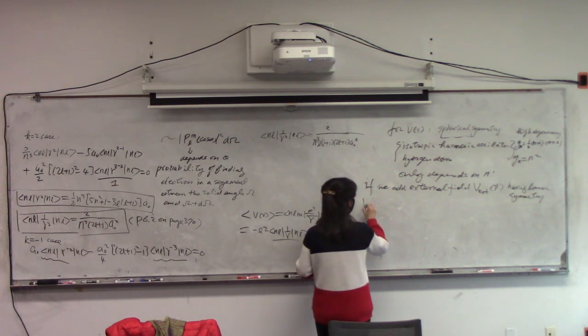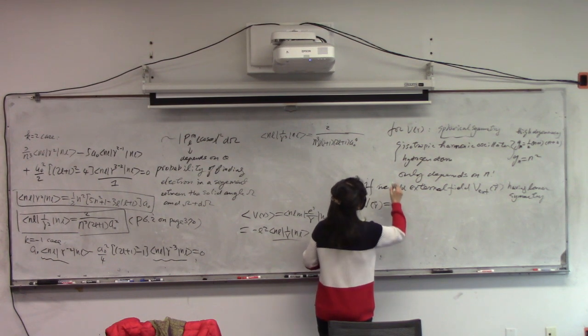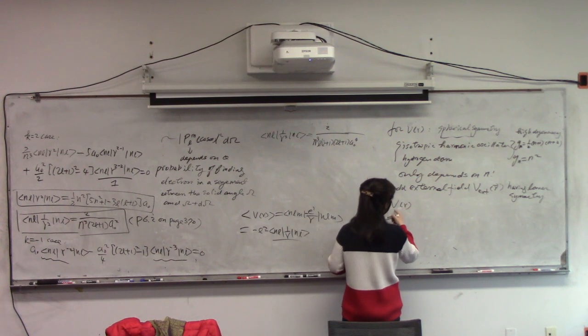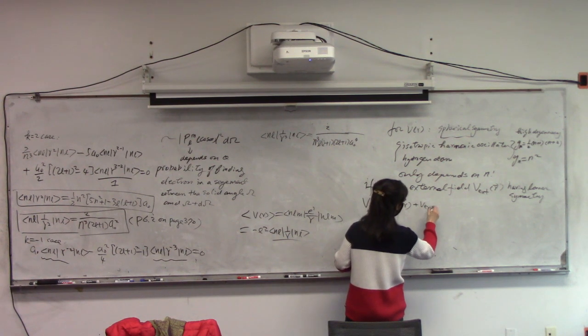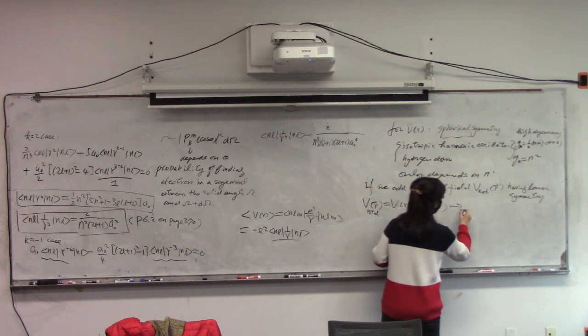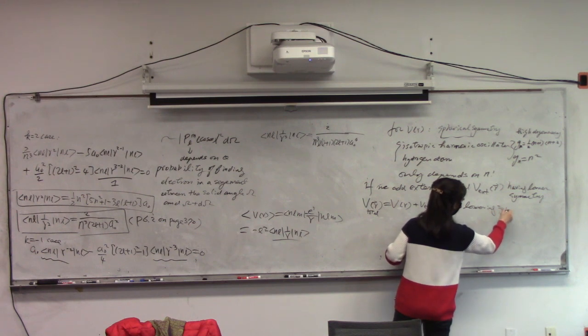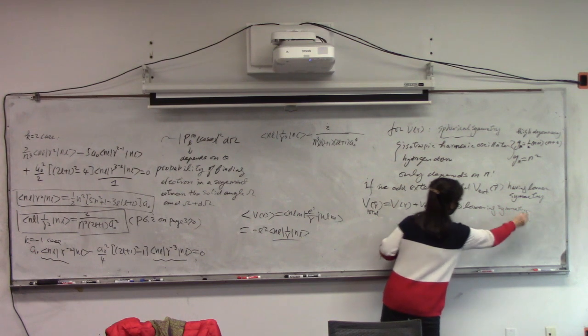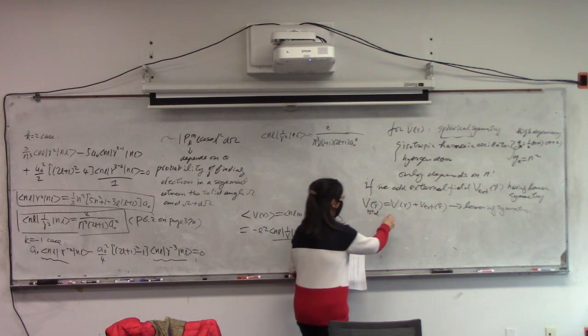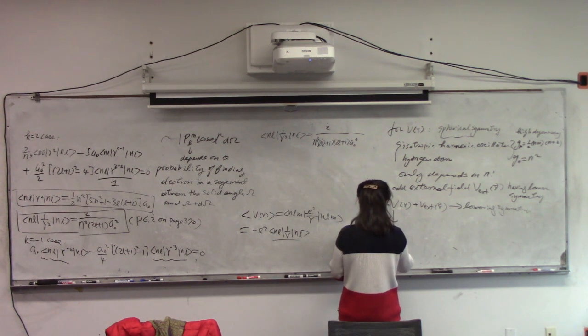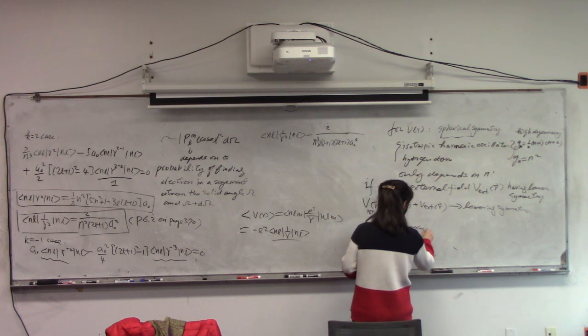So what happened? The total potential of the system, the potential of this last external one, also has lower symmetry, since it is external. So what happened? That reduces our symmetry. The geometry is lifted.